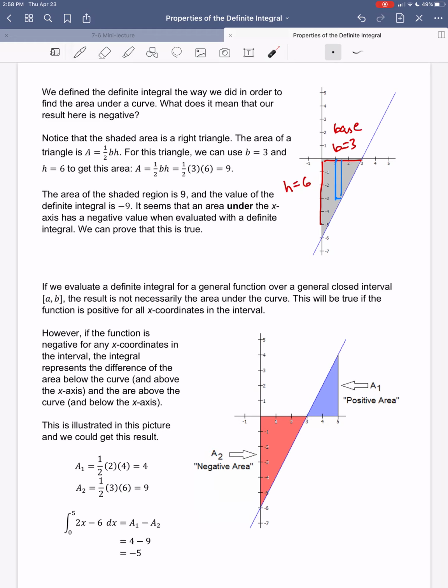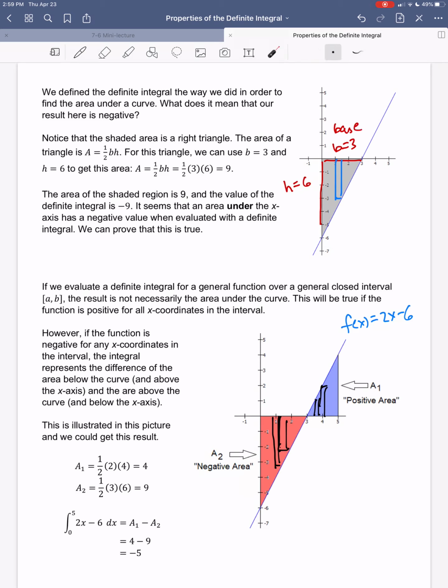If I took essentially this same function, 2x minus 6, and if I looked at it all the way from 0 to 5 instead of 0 to 3, when I would evaluate these Riemann sums, we would get the little rectangles, they'd be going down in this red portion, but they'd be going up in the blue portion.